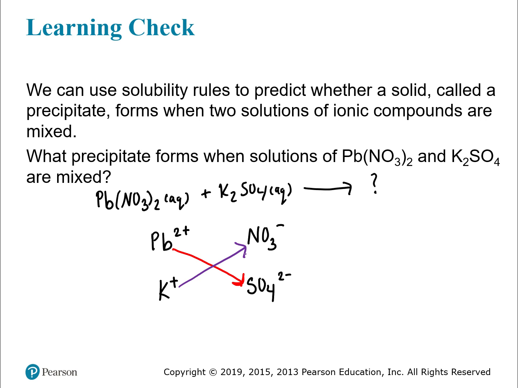If that happens, what would you form? Well, we'd form potassium nitrate. And then we have to ask ourselves, is that soluble? Well, anything with potassium, anything with a nitrate is soluble. So that's not going to form a solid, okay?